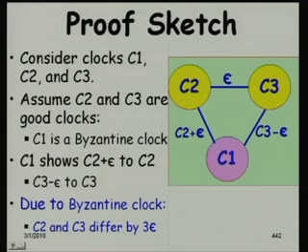Now, due to the Byzantine clock, C2 and C3 differ by 3 epsilon. Do you agree with this? Because they themselves differ by epsilon at the most.